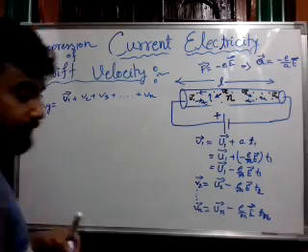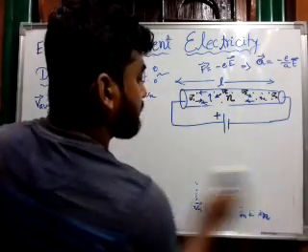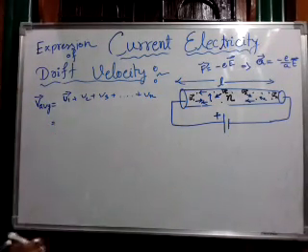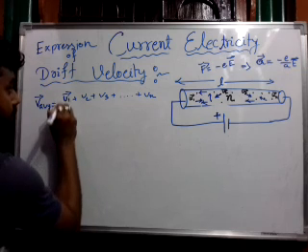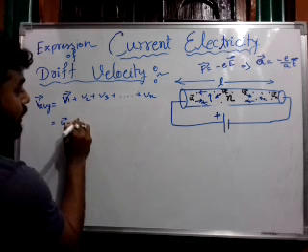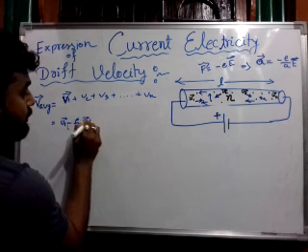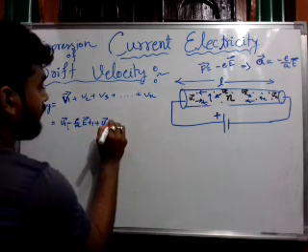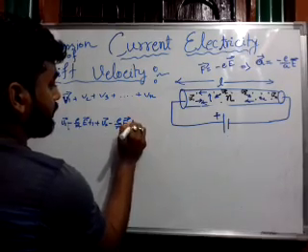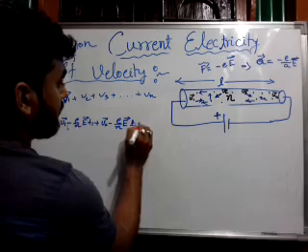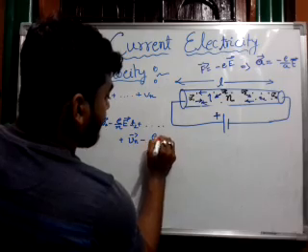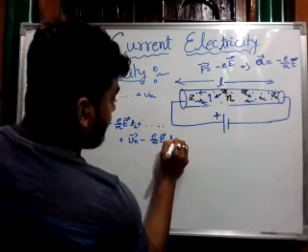Clear? Okay. This implies U1 vector minus small e by m E vector into t1, plus U2 vector minus e by m E vector into t2, plus up to Un vector minus e by m E vector tn.